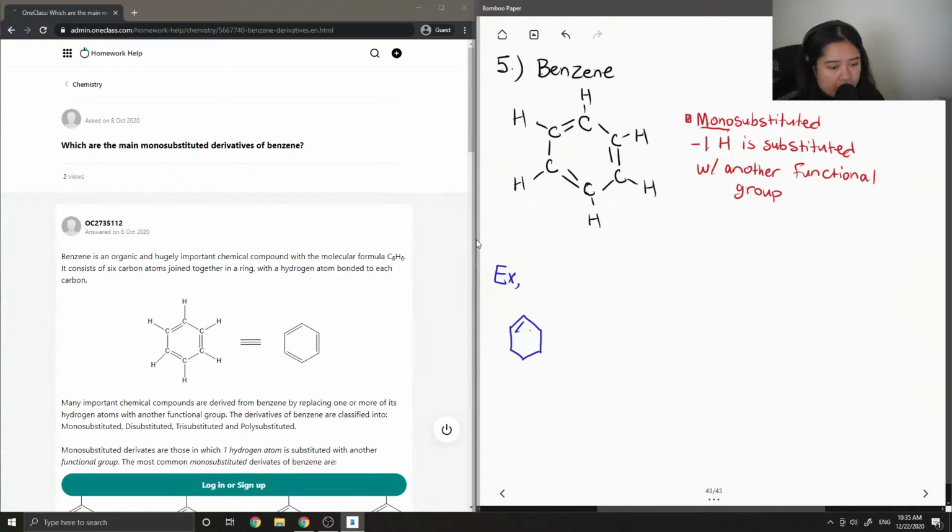So I'll just simplify it and draw benzene like this. So if the benzene had a single methyl group, this is called toluene.